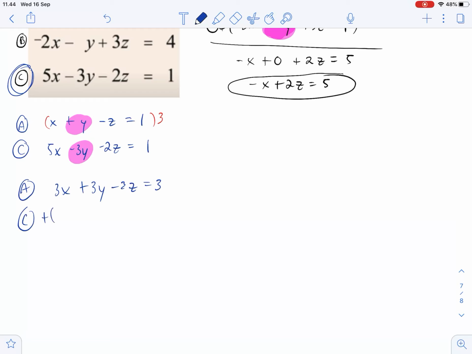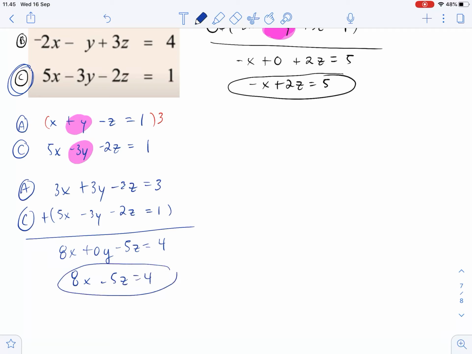Now I'm going to add these to each other. 5x minus 3y minus 2z is equal to 1. I add them up, and I get 8x plus 0y minus 5z is equal to 4, and I'll rewrite that without the 0y: 8x minus 5z is equal to 4.